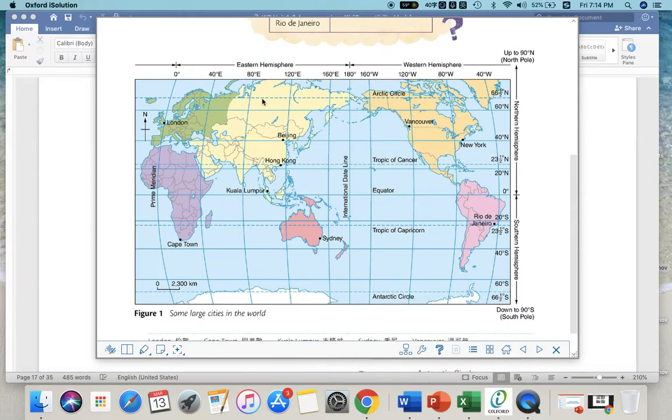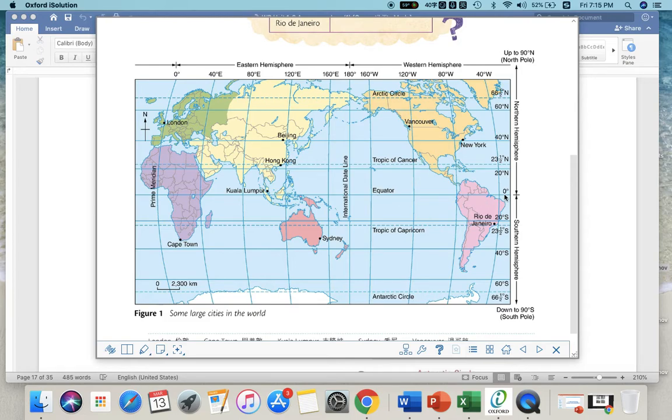You can see we have the latitudes and the longitudes. At the very top, 66.5 degrees north, we call it the Arctic Circle. 23.5 degrees north, we call it the Tropic of Cancer.